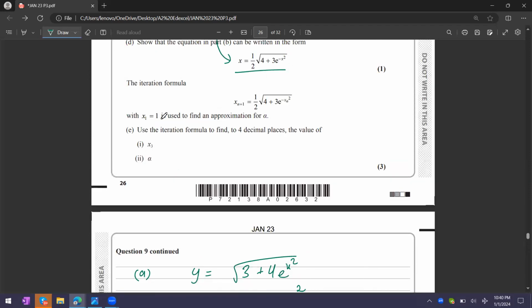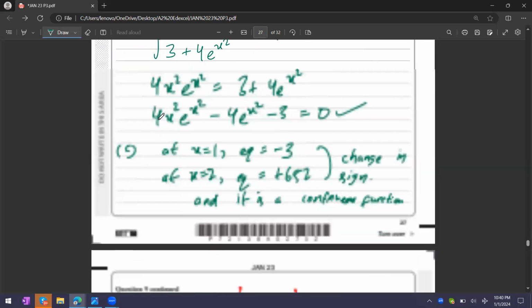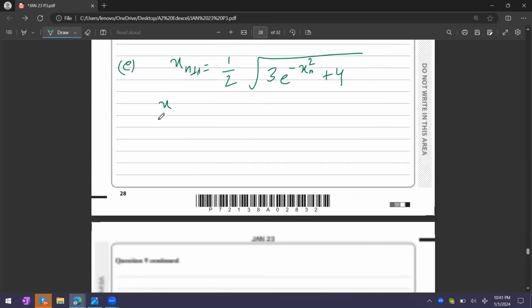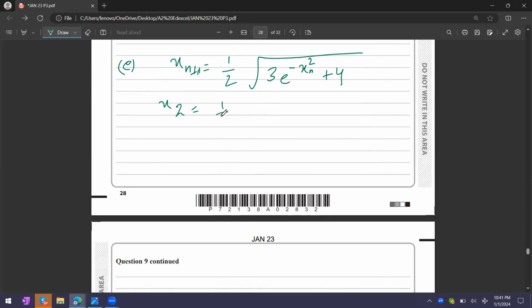With the initial value x1 is equal to 1. It's not x naught, so we start with x1. So we directly find x2 actually. That's easy. x2 is 1 by 2, 3 e raised to power 1 will be just e, 3e plus 4.